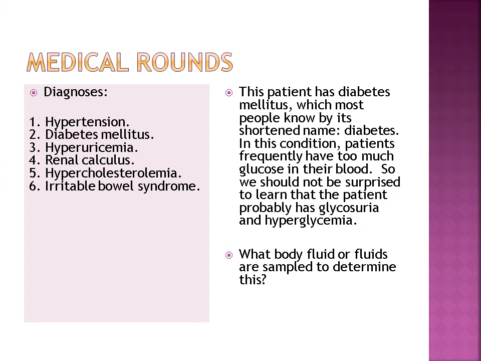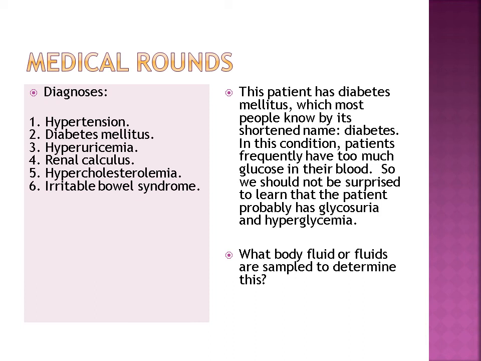Still considering this same patient, this patient has diabetes mellitus, which most people know by its shortened name, diabetes. In this condition, patients frequently have too much glucose in their blood. So we should not be surprised to learn that the patient probably has glycosuria and hyperglycemia.